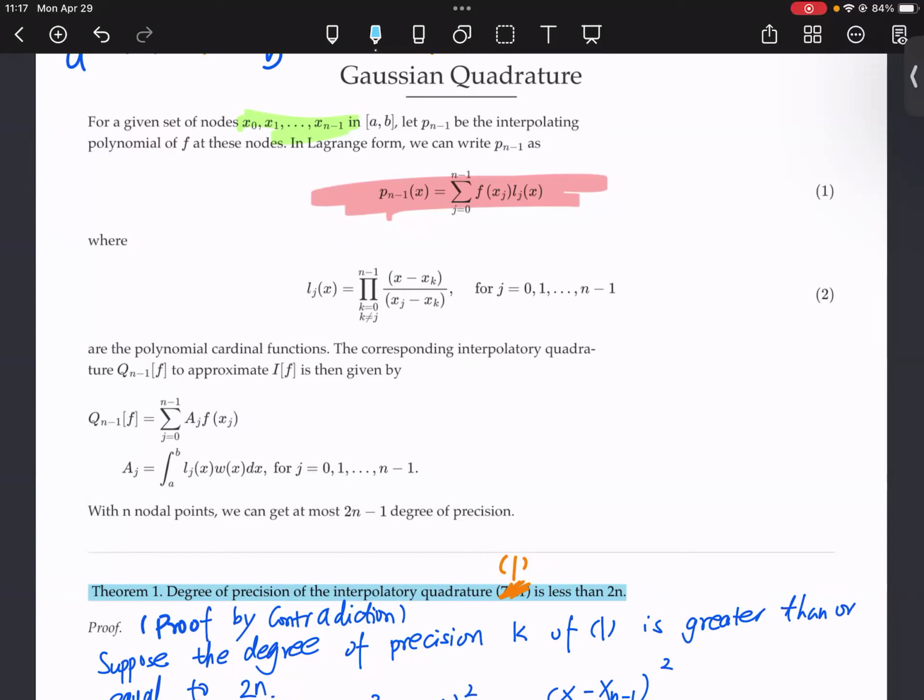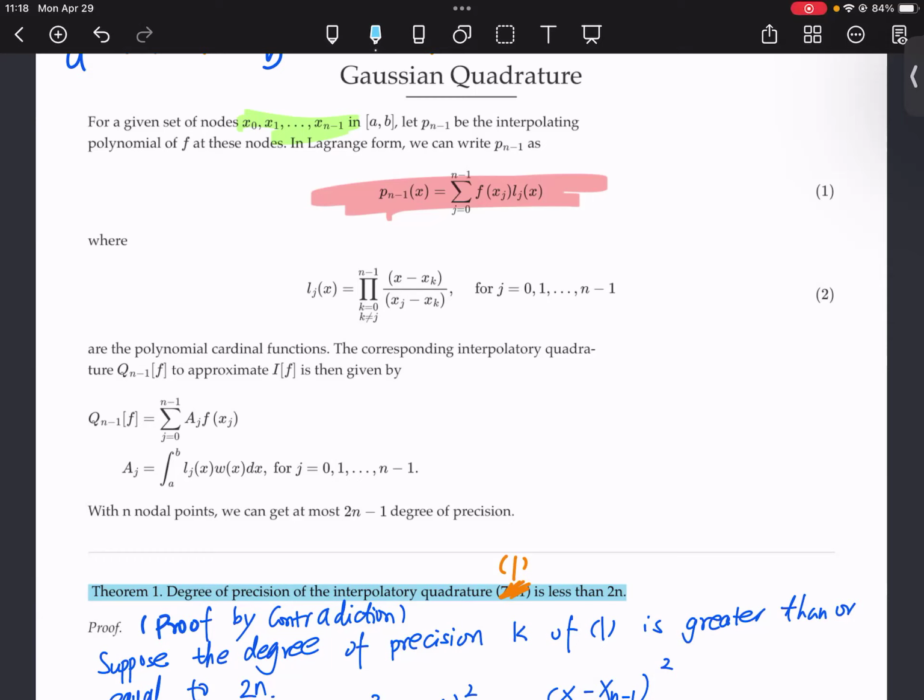So the idea is we have a bunch of nodal points, and we are going to do some Lagrange interpolation among these nodal points. This is the Lagrange interpolation, f(x_j), and this is the basis function. We do the integration on the interval a to b, and at the end of the day we got this.